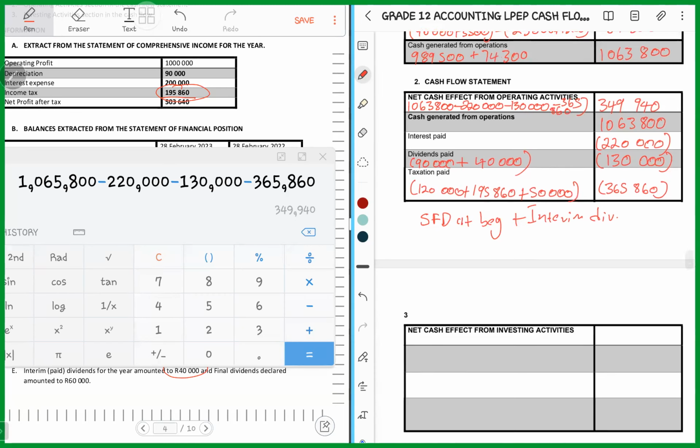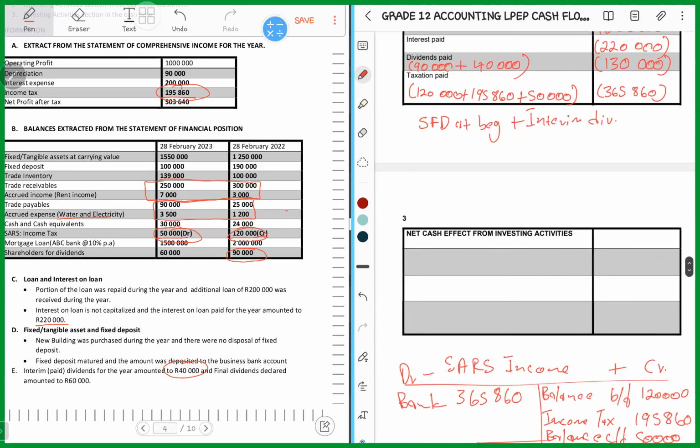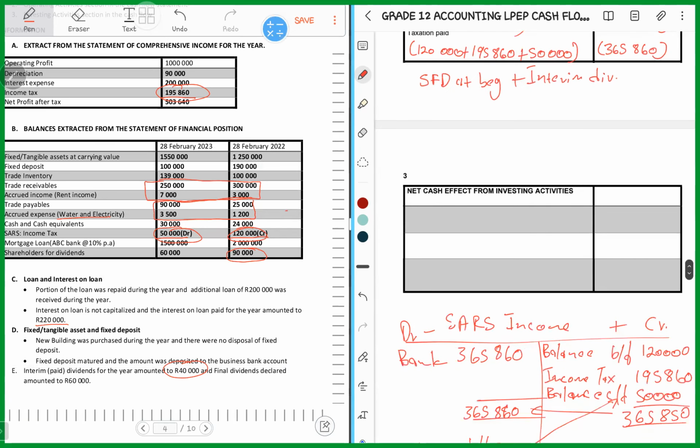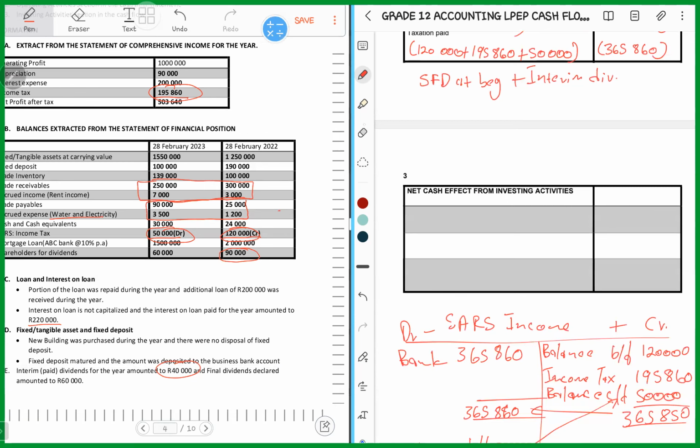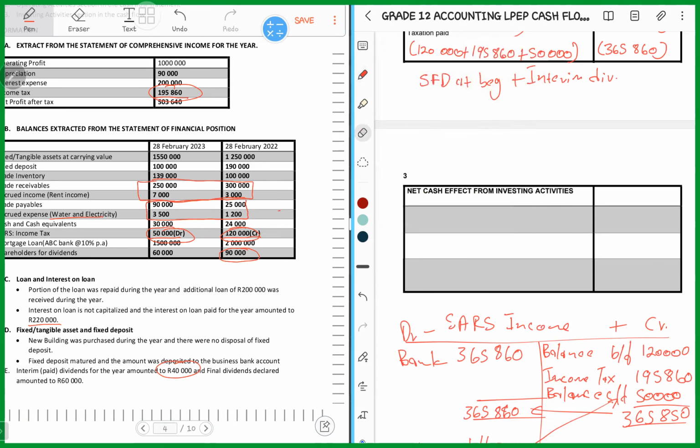Okay, then we can go to the next requirement, which will be the net cash effect from investing activities. Remember, for investing activities, if we are disposing a fixed asset, we dispose it at carrying value and for cash, meaning that will be an inflow.